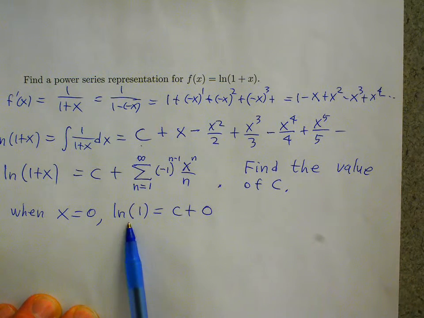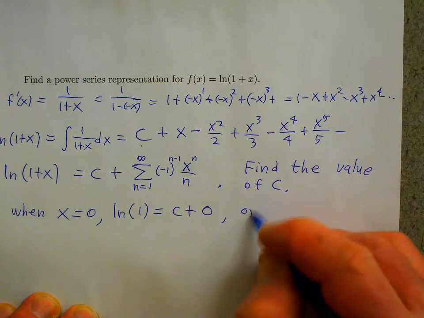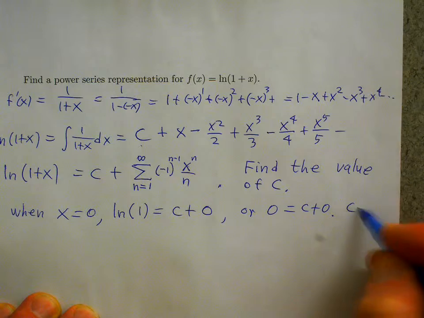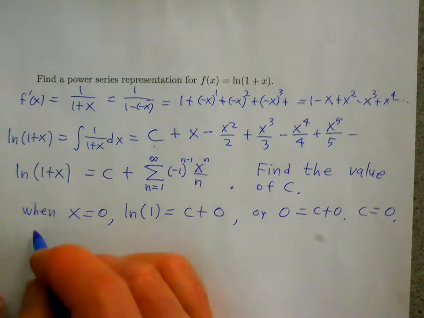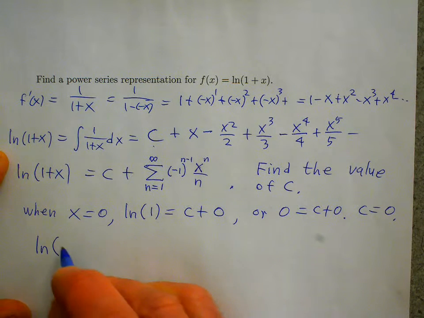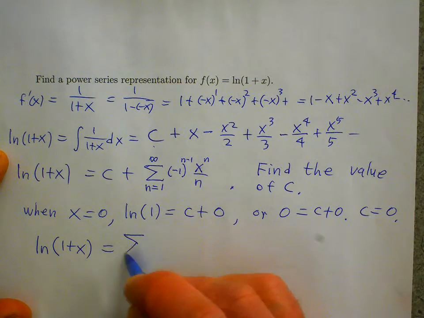But the natural log of 1 is 0. So 0 equals c plus 0, so c has to be 0. Okay, so the power series representation for the natural log of 1 plus x is just the series.